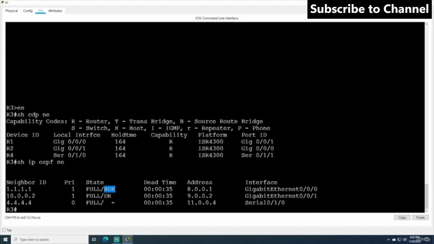So a designated router is kind of like the hub or the sort of boss of all the routers in OSPF. And so from R3's perspective, R2 is the designated router. So when all the routers are sharing updates in OSPF, R2 is the router that will give out the updated information to R3. So R3 recognizes R2 as the source for new information for updates.